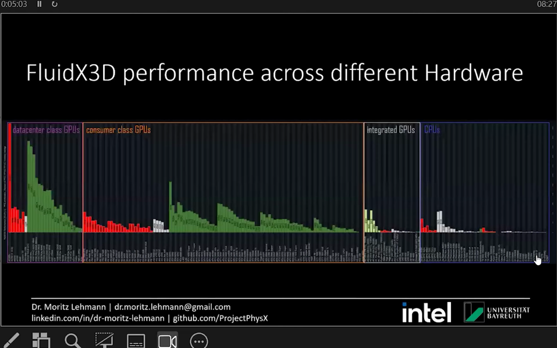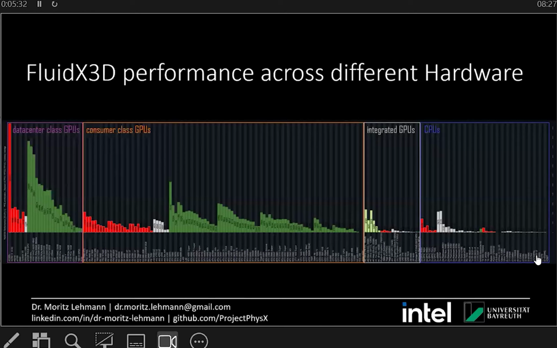To showcase the compatibility, this is the performance chart of FluidX3D across different hardware. Here is most of the GPUs that you're probably familiar with: all of the NVIDIA gaming GPUs, the entire RTX lineup, so Ada Lovelace, Ampere, Turing, and the GeForce 10 series. It's a lot of GPUs.